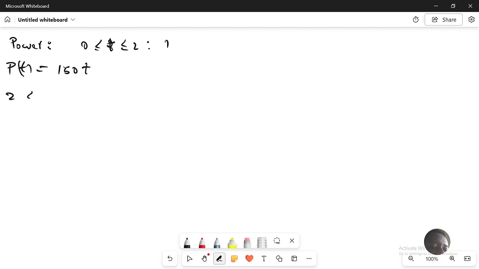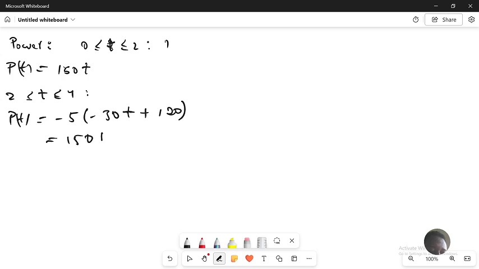From 2 to 4, we made a mistake there, because it's supposed to be PT equals minus 5, multiplied by minus 30T plus 120, which is going to be equal to 150T.